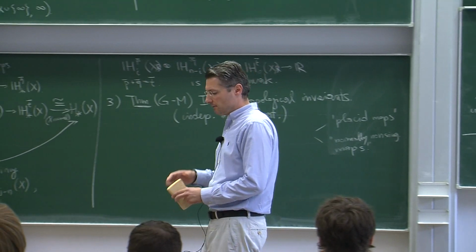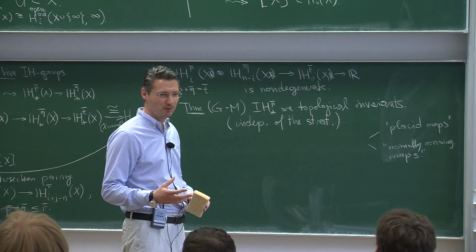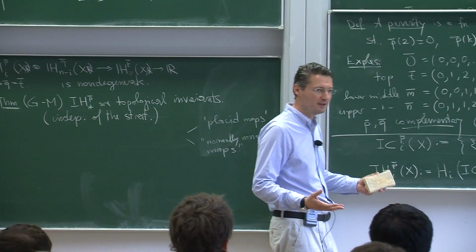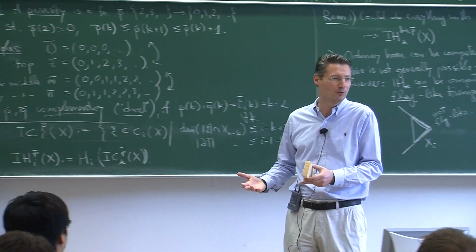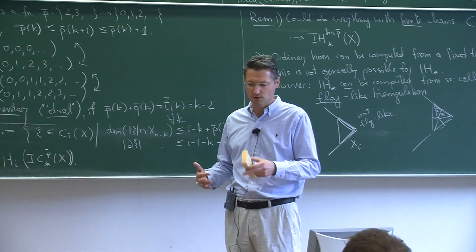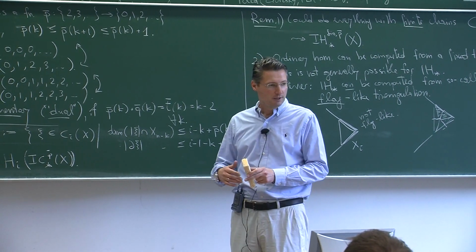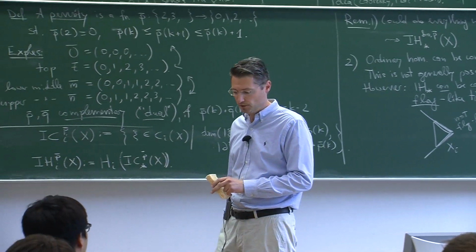Even in the compact setting, it's not a homotopy invariant. You may of course say, well, you are using Borel-Moore chains, and you just told us that that's not even a homotopy invariant for manifolds, so that's not a big surprise. But that's not what I mean. Even for compact spaces, or if you use finite chains, intersection homology is not a homotopy invariant.